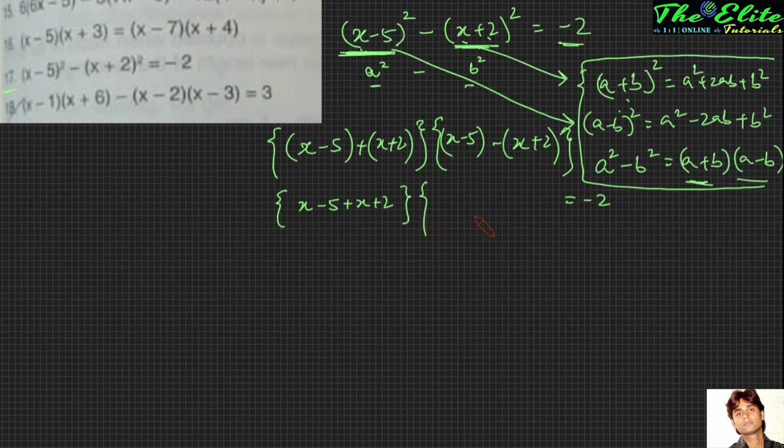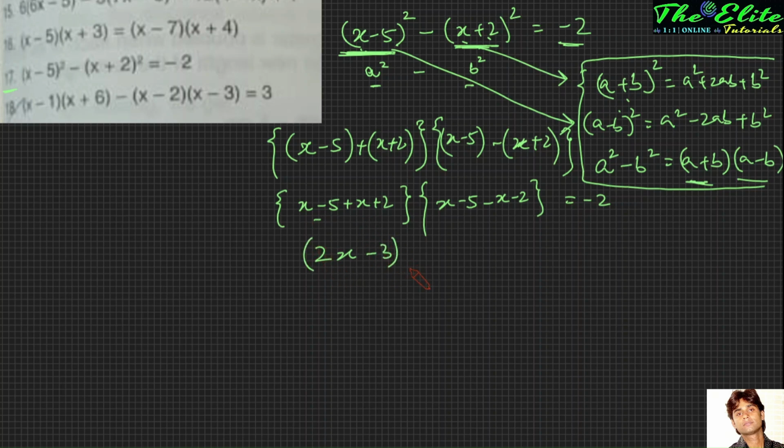A small bracket is also known as a round bracket, and the middle bracket is also known as a curly bracket. Because minus is outside the bracket, anything inside the bracket will change sign. So it will be x minus 5 minus x minus 2, equal to minus 2, isn't it? Here it is giving you 2 of x minus 3.